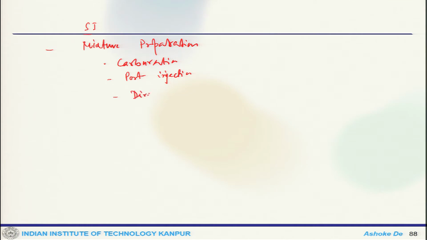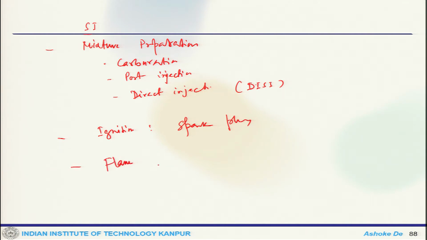Then there is direct injection, where fuel is injected into the cylinder. This is your DISI, direct injection system. Then you have ignition, which is through the spark plug, and then the flame kernel will develop and there will be flame propagation.